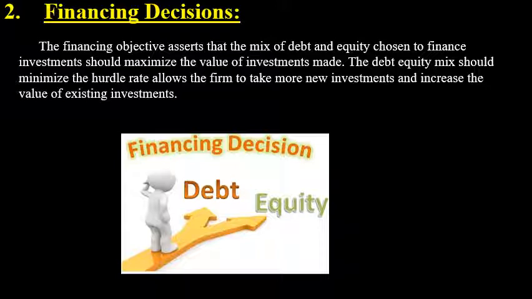The financing objective asserts that the mix of debt and equity chosen to finance investments should maximize the value of investments made. It means it is a mixture of debt and equity, and it has to be proportionate or mixed in such a way that it should maximize the value of investment made.